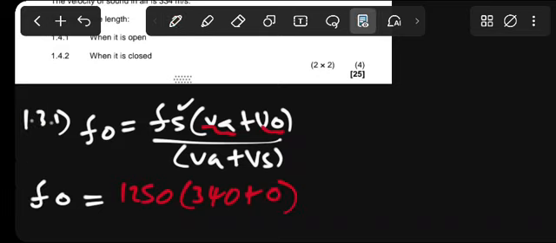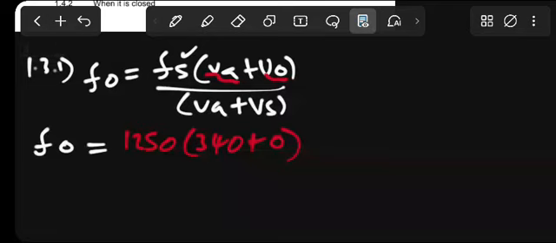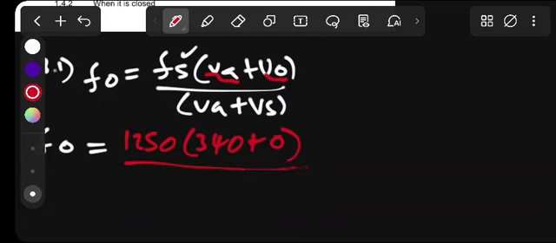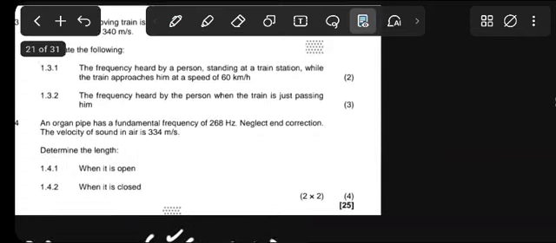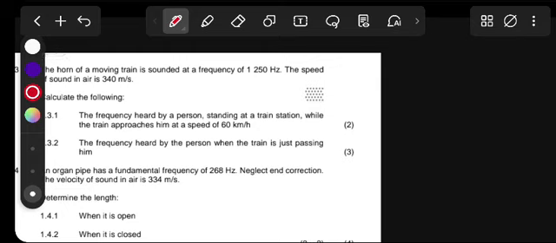The observer is standing at the station, that means it does not move. Then divide by the velocity of the air, 340, plus the velocity of the source, which is the train. They've given us that to be 60 kilometers per hour, but we are supposed to have it in meters per second, guys. Our velocity there must be in meters per second, isn't it?